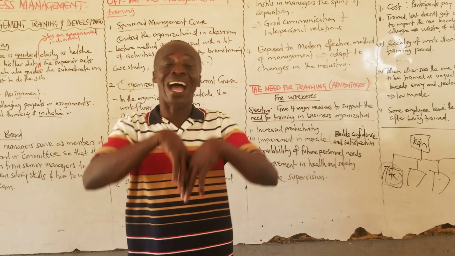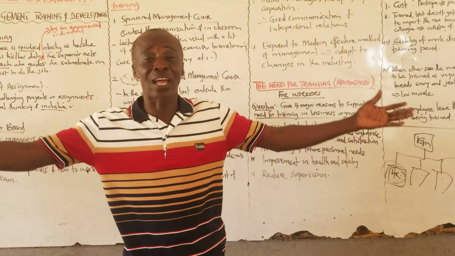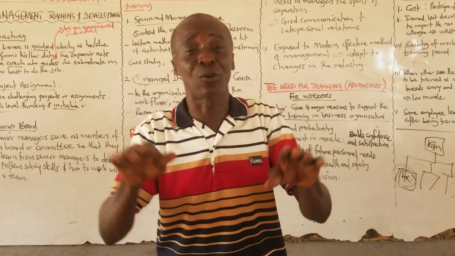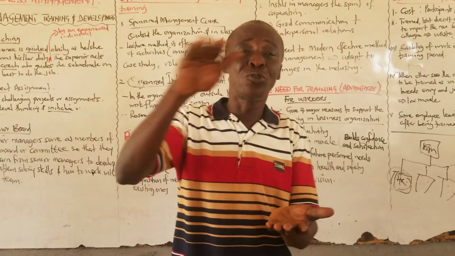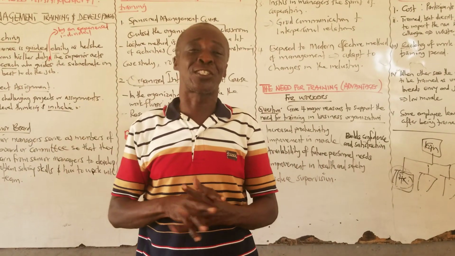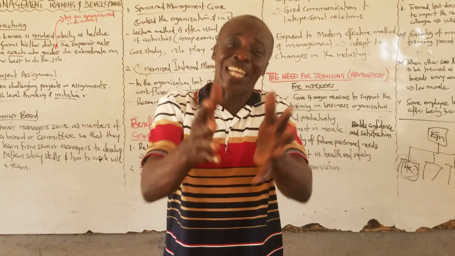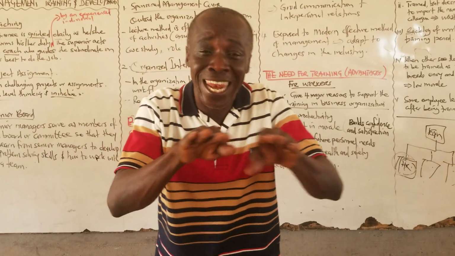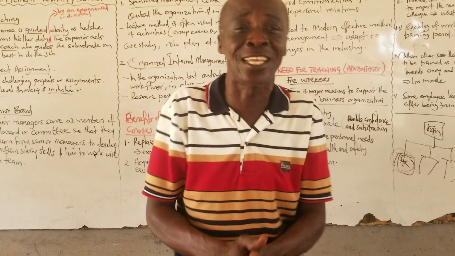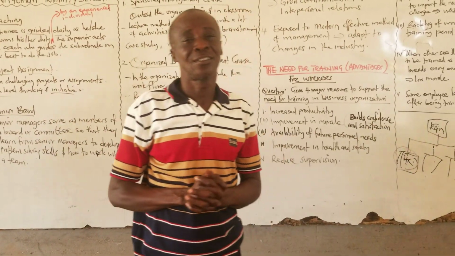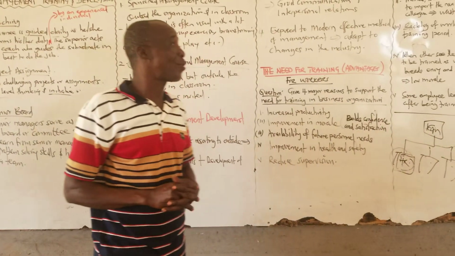If your subordinates are well trained, that means you can use the broad span of control. And when broad span of control is used, you know that you have a flat organization structure. If you have a flat organization structure, what does that mean? That means you are going to use fewer supervisors. If that is the case, then it means you are going to reduce cost. So that is the point.